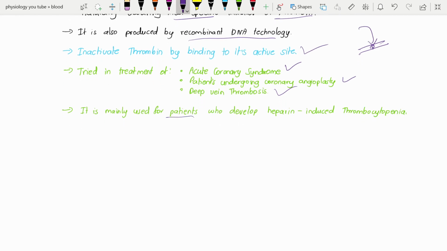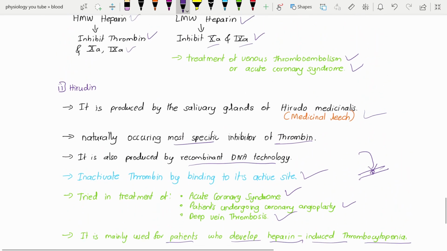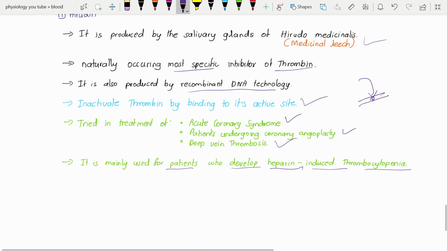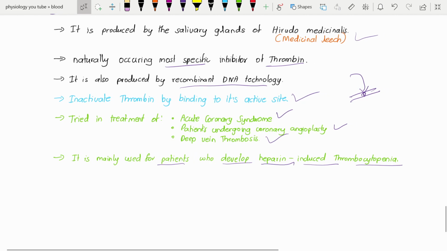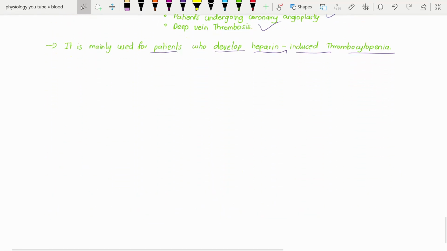It is mainly used for patients who develop heparin induced thrombocytopenia. Whenever we use heparin, excessive use might cause heparin induced thrombocytopenia, and in those patients we can switch to hirudin.